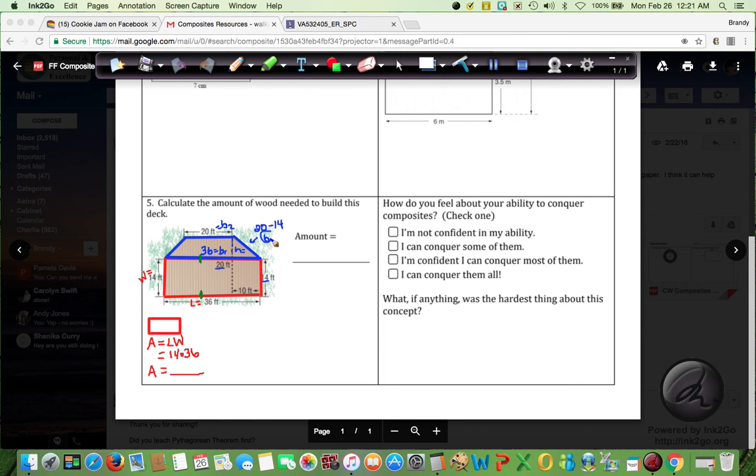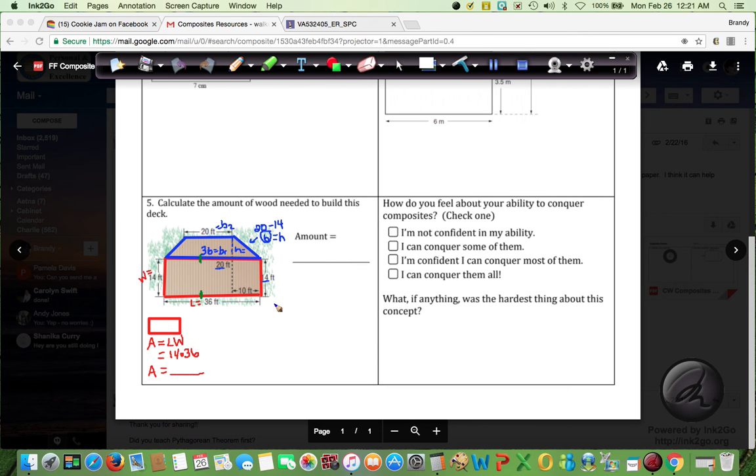So that's going to be your height is 6. Put it over here too. Your height is 6. All I did was say, well, if the whole thing's 20 and the bottom part here is 14, you have to have 6 feet here or else you wouldn't have 20. And they told us that. So our height is 6.